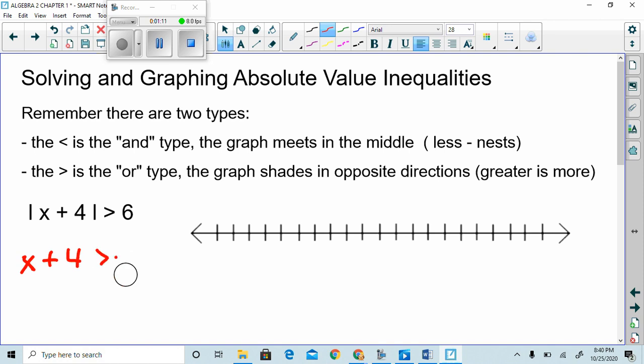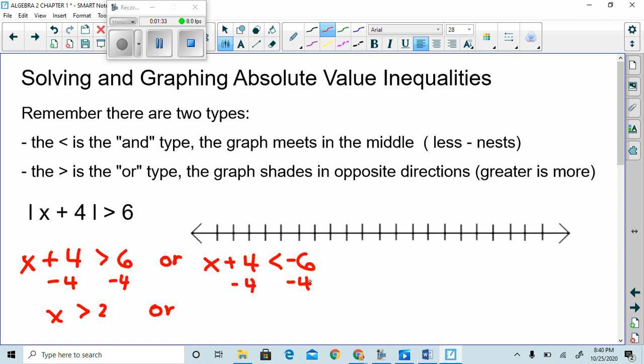Or, again, if I hear greater, or x plus 4, reverse and change the sign. Okay, so I will subtract 4 on both sides. I get x is greater than 2, or let's subtract 4 on the opposite simple inequality, and I get x is less than negative 10.